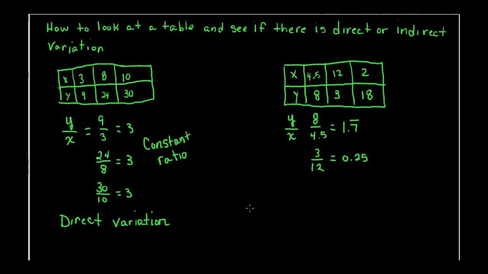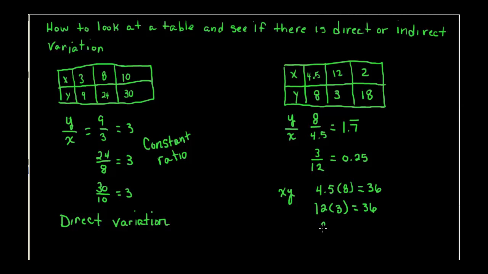Now, to determine if it's an inverse variation, we look at x times y. So we're going to take 4.5 times 8, which is 36. We will take 12 times 3, which is 36.